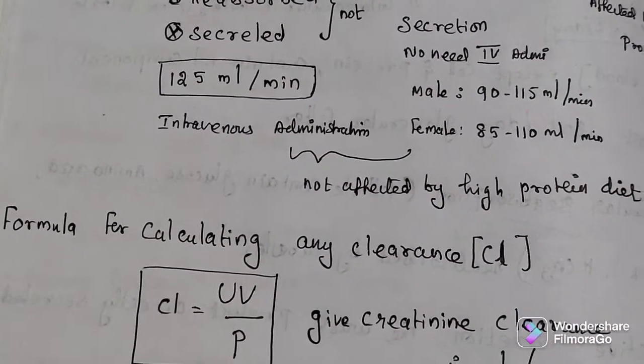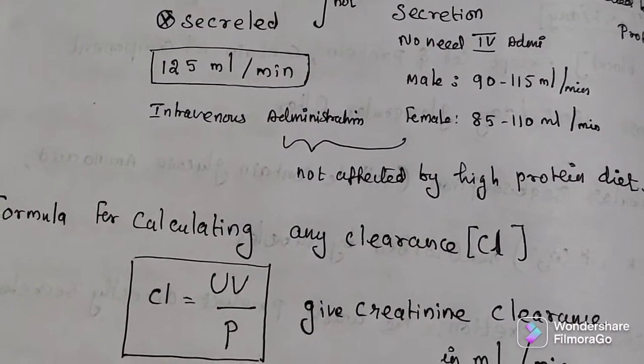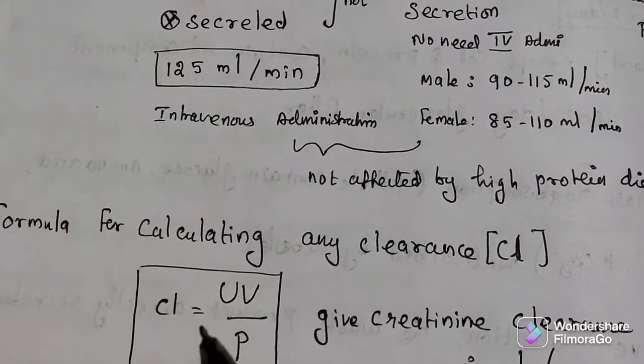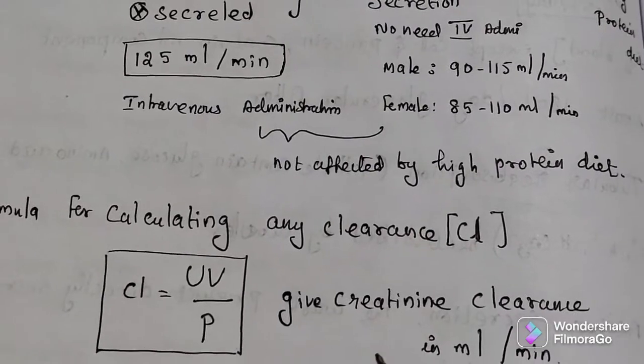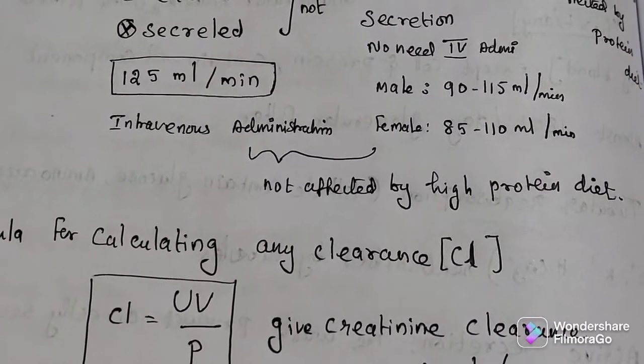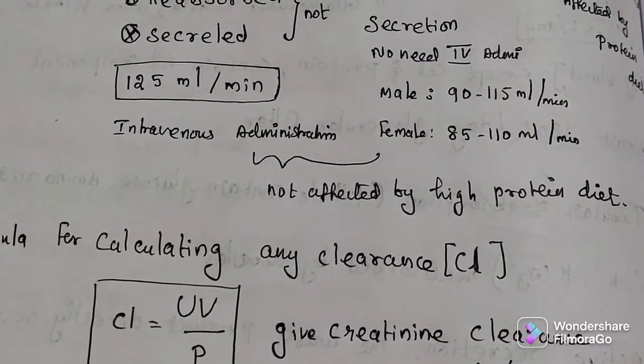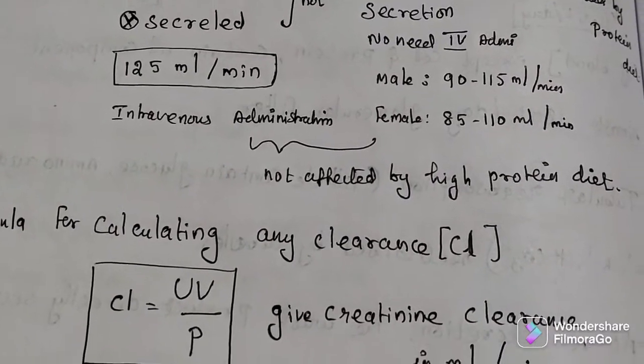The formula for calculating any clearance: C equal to UV by P. It will give clearance in ml per minute.